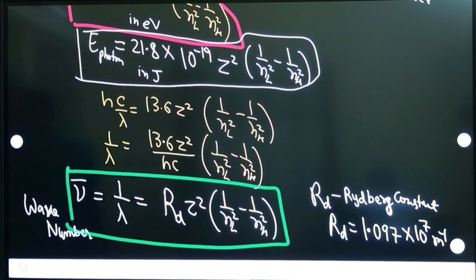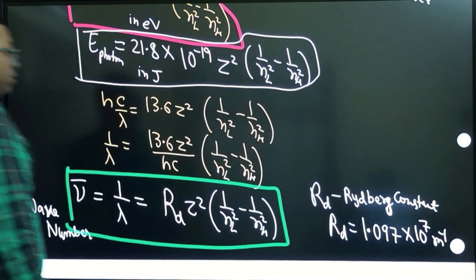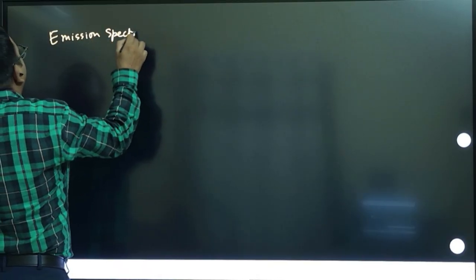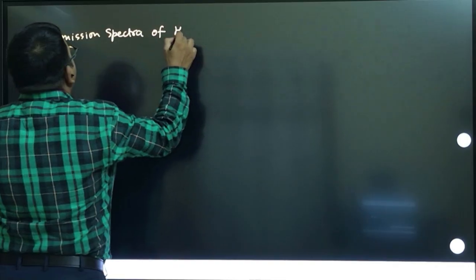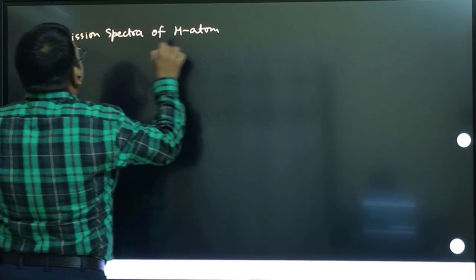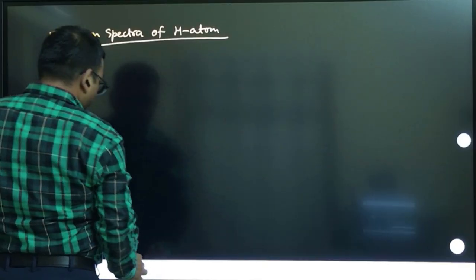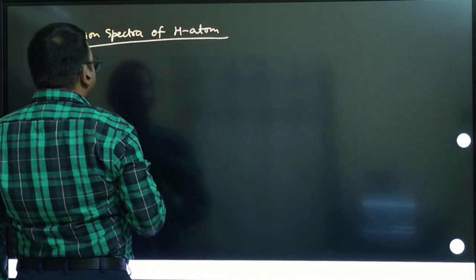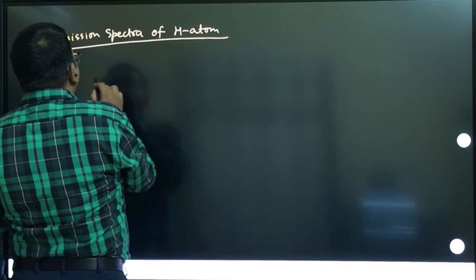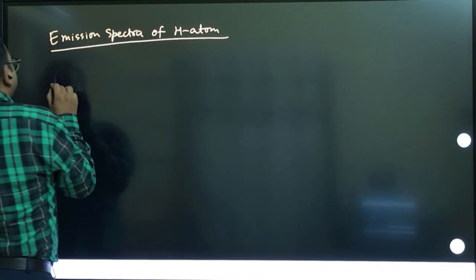Then what next? Then we need to see the emission spectra, Lyman series, Balmer series, and all that. So let us now see the atomic emission spectra of hydrogen atom. Suppose you consider the hydrogen atom, there are various lines which are obtained.